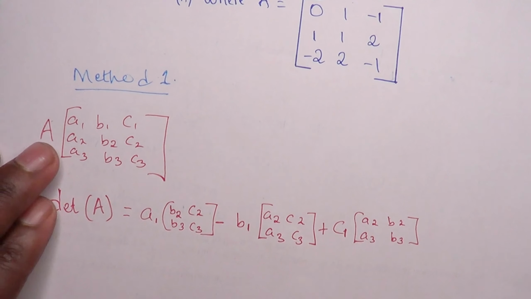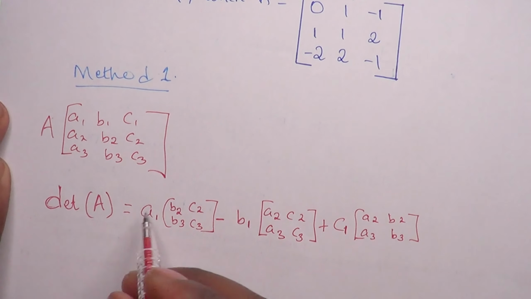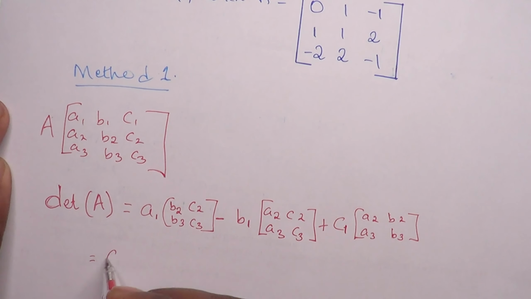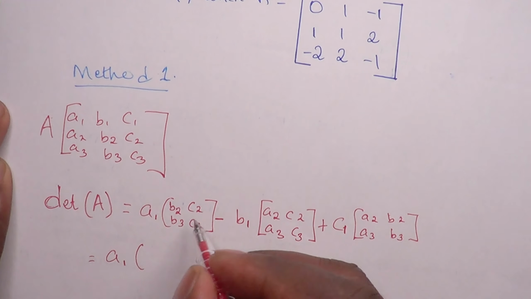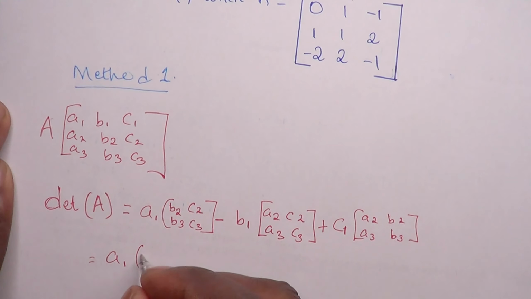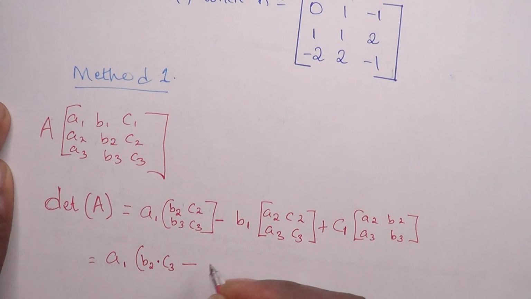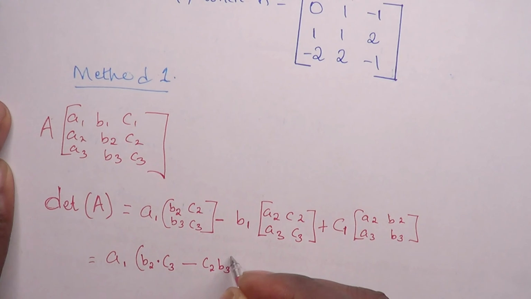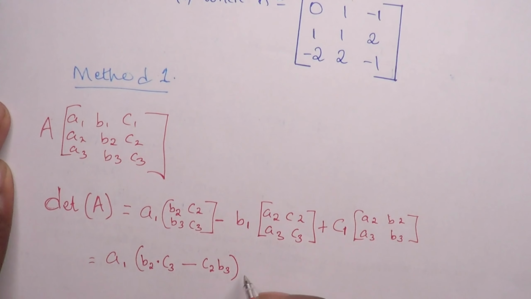Okay, so at this point, the next step after covering that, we start with A1, we multiply it with B2 times C3 minus C2 times B3. That's the first one.